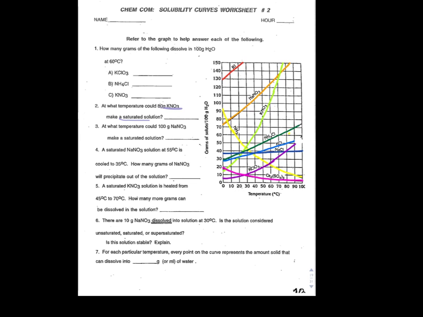So you want to go find 80 grams of KClO3 and find that. Where is it on our line? I'm sorry, KNO3, not KClO3. KNO3 right there, and that is at 50. So the rest of them are very similar.